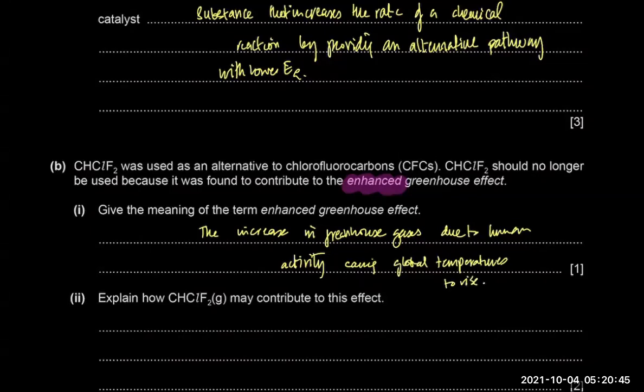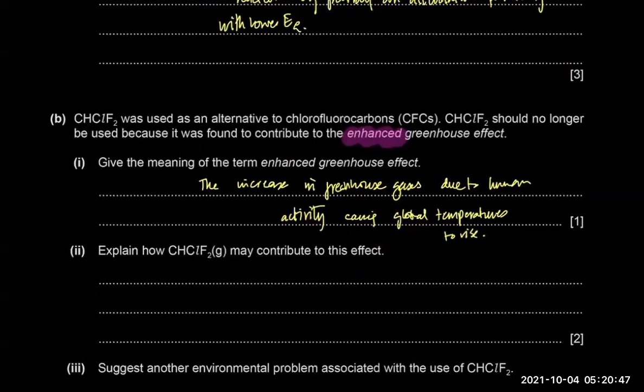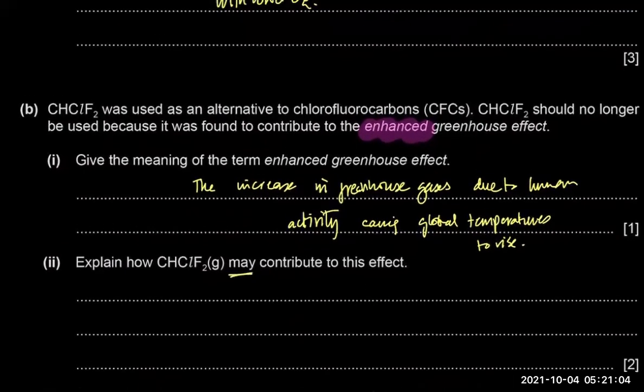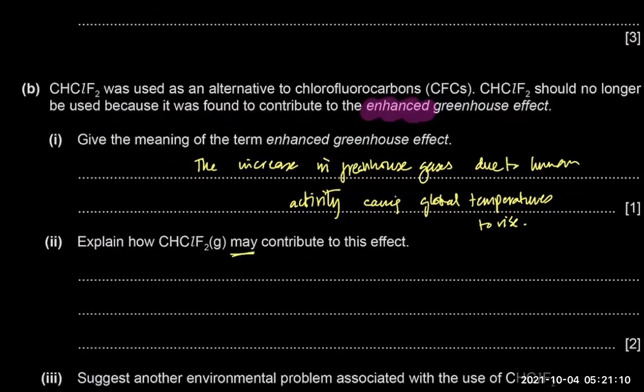Explain how CHClF2 might contribute to this effect. Because it will absorb heat, it'll be able to absorb infrared radiation. You literally have to explain how any greenhouse gas works, how CO2 may, how this one may, or any other.